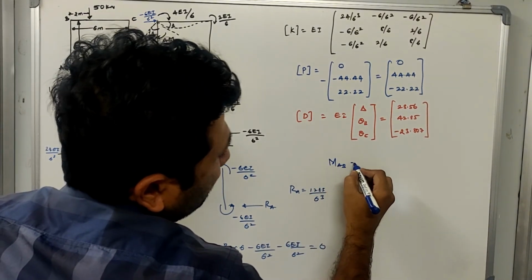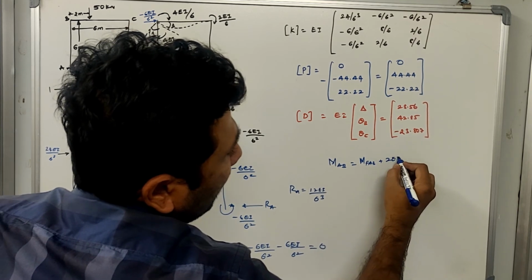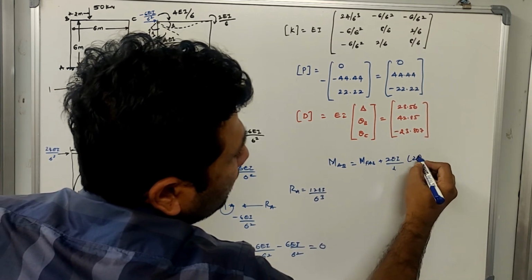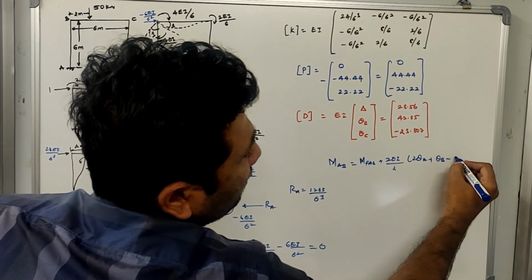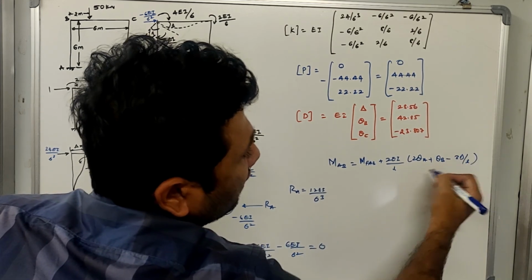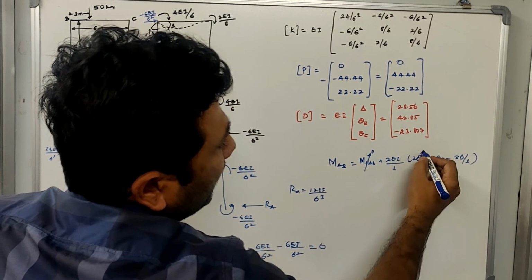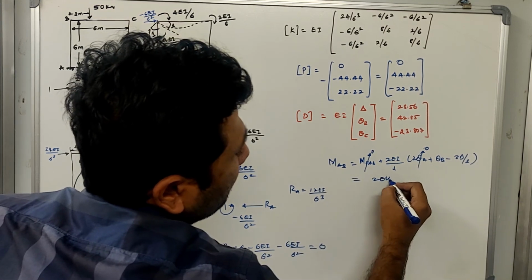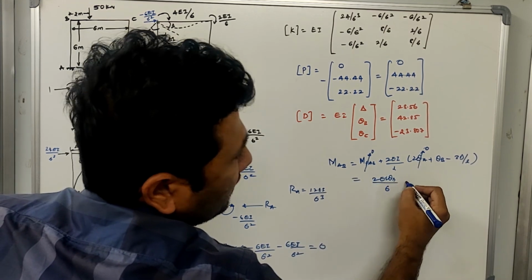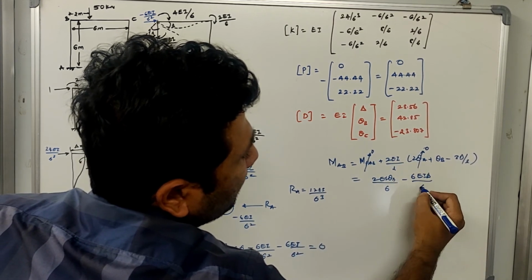MAB, as you know, is equal to MFAB plus 2EI divided by L times (2 theta A plus theta B minus 3 delta by L). You know this equation. As we know, MFAB equals 0 and theta A is also equal to 0. So what is left over is 2EI theta B divided by 6 minus 6 EI delta divided by 6 square.